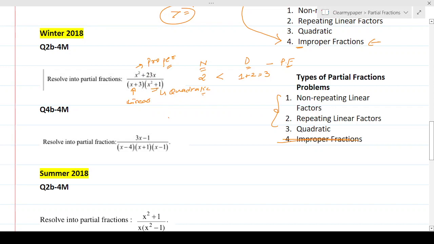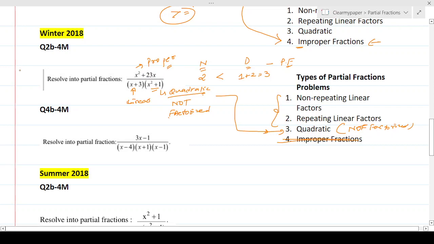We cannot break this down any further because there is no identity called a square plus b square. So this cannot be factorized. Whenever you get there, we don't have to worry. It's just a straight quadratic, type 3 quadratic, because it's not factorized. That's what it means.